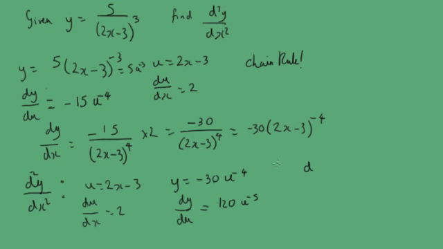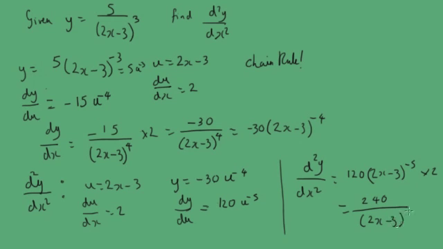So our second derivative, d2y by dx squared, will be 120, and u is still 2x minus 3, to the minus 5, and then we times by 2, which will give us 240 over (2x minus 3) to the power 5.